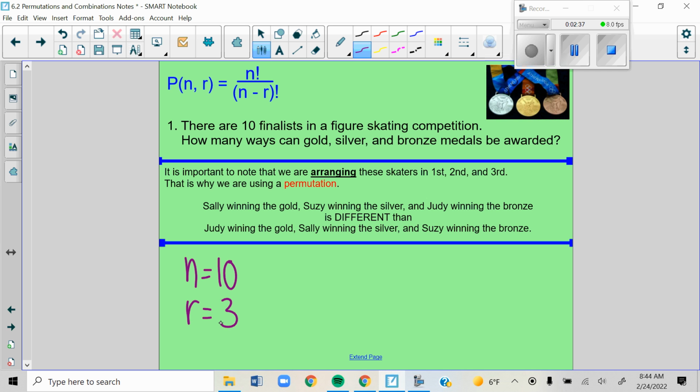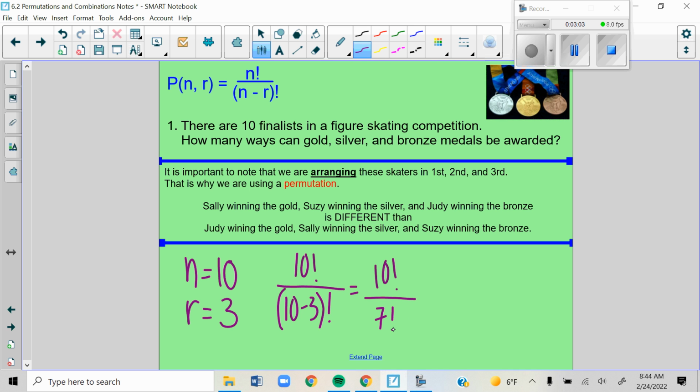It's important to note that when we're arranging these skaters in first, second, and third position, if you get awarded a gold, it's different than you being awarded a bronze. So we're going to say 10 factorial over 10 minus 3 factorial. So the denominator is going to become 7 factorial.